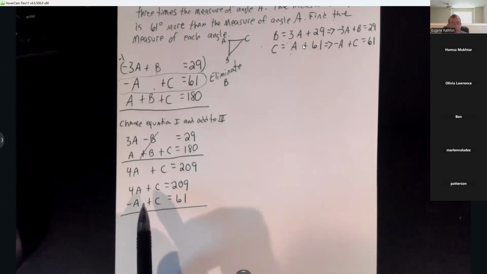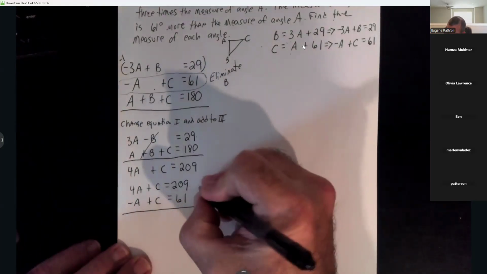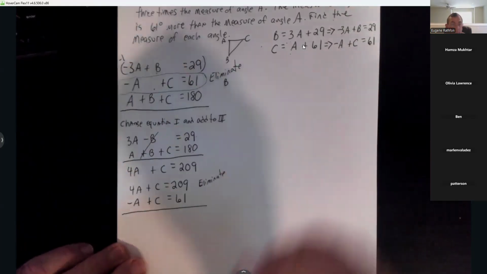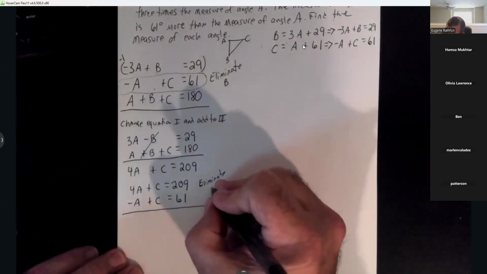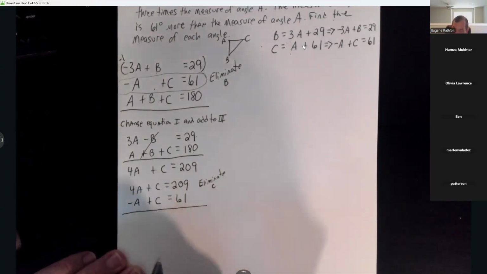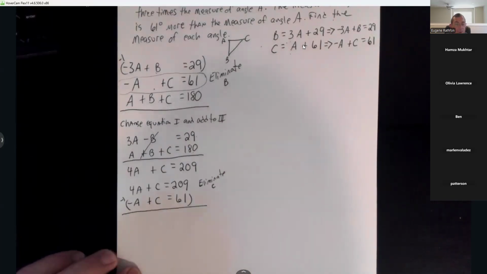Alrighty, y'all. So I can eliminate the A or the C, either one. What do y'all want to eliminate? So we're going to eliminate the C. So since that one's positive, I'm going to make this one negative by multiplying this row by a -1.